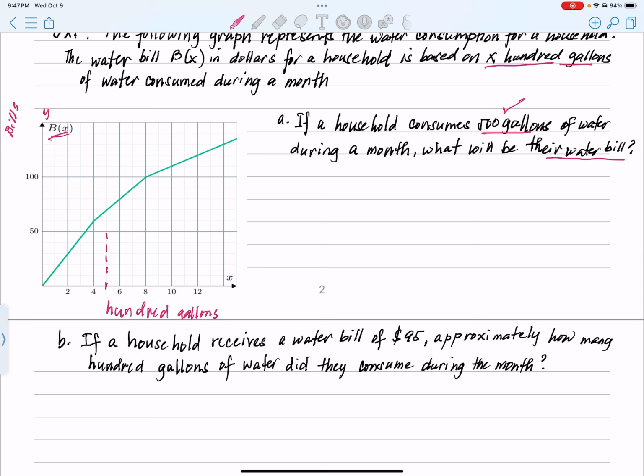I will extend that graph and then look at the output here.